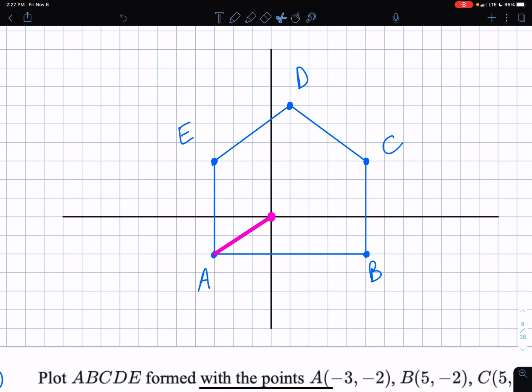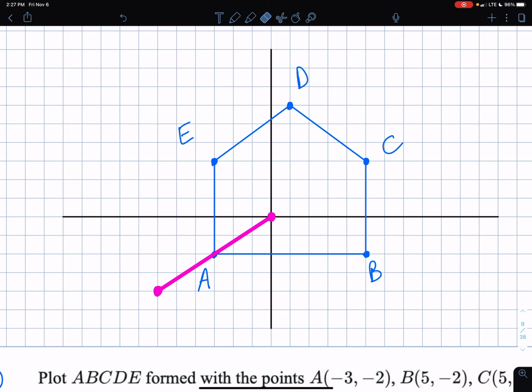However far away point A is from our origin, since we need to increase it by a factor of 2, we want our new point, A prime, to be twice as far away from the origin as our original point A was. So I copied that, and if I paste it on there and connect it, you can see we need our new point to be here. That would be twice as far away from the origin as our original point was.